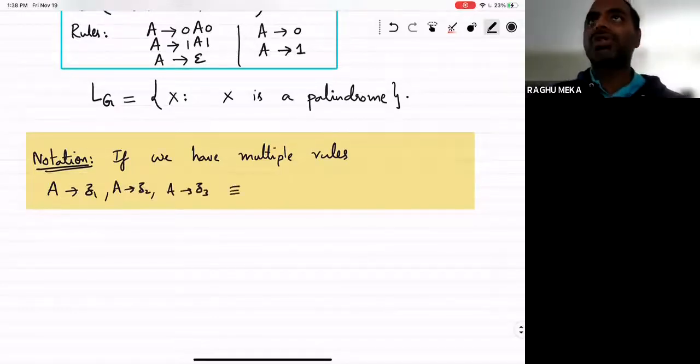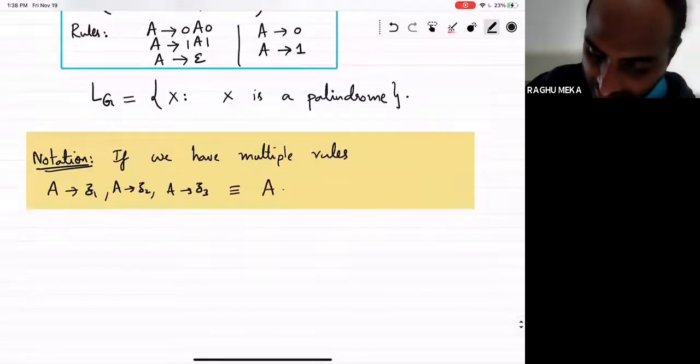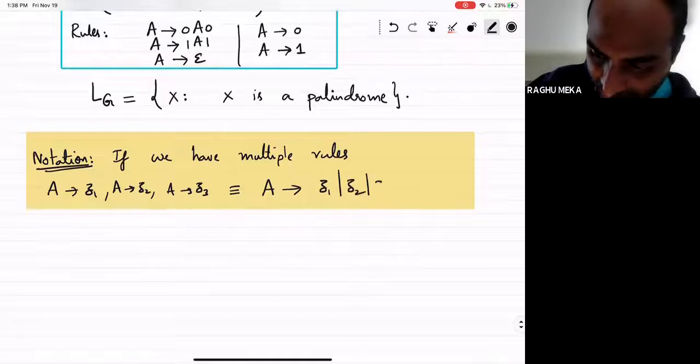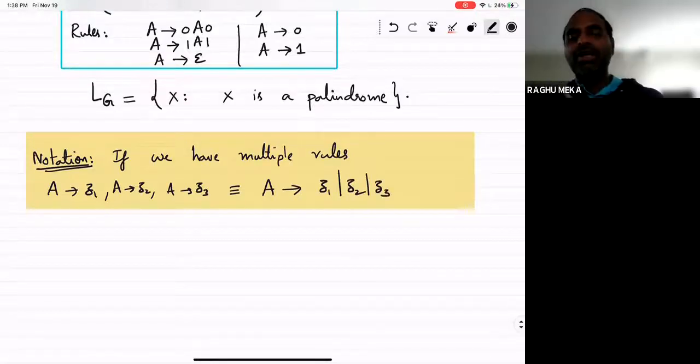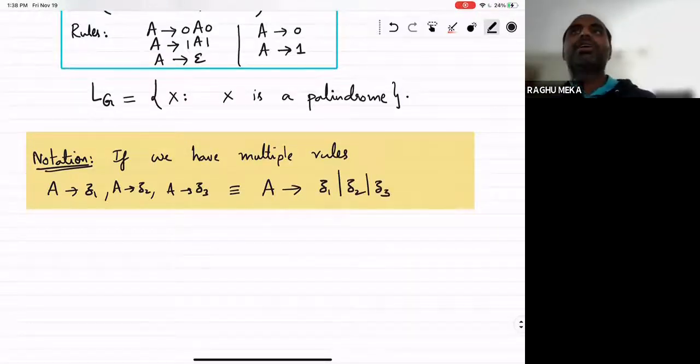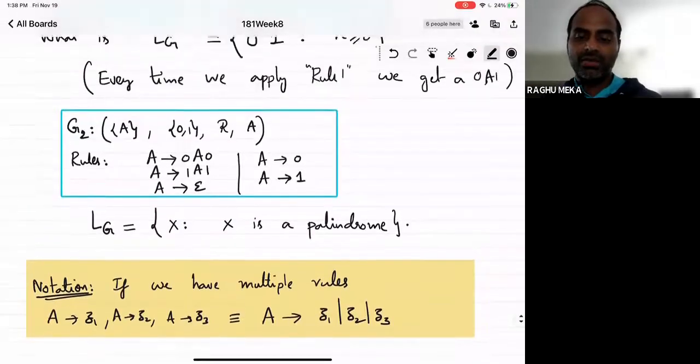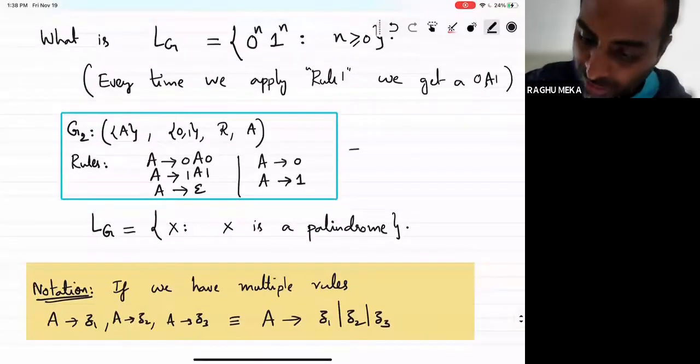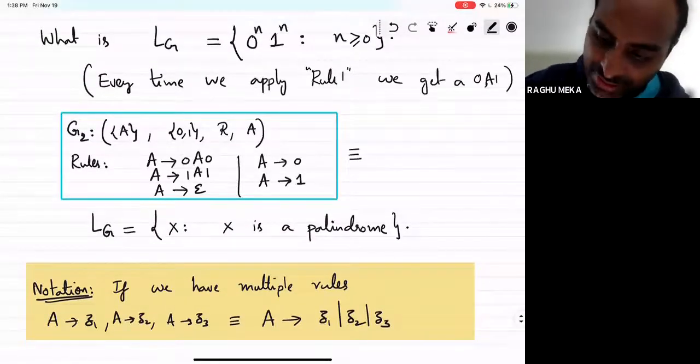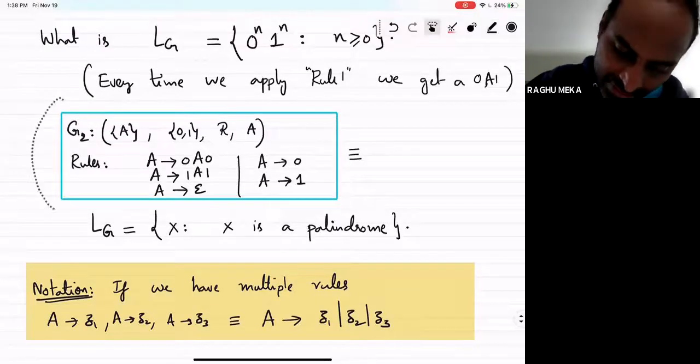We write it for shorthand as just A goes to Z1 | Z2 | Z3. Okay, meaning I really have three rules where I can replace A with Z1, A with Z2, or A with Z3. This bar is just meant to do that. Okay, so if I were to write this in this notation, I would get something like this.